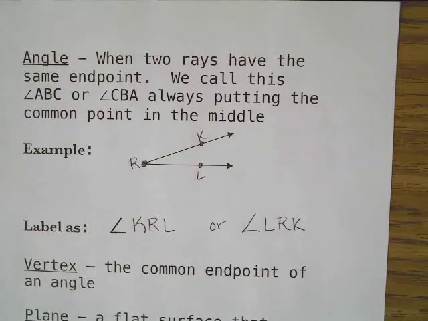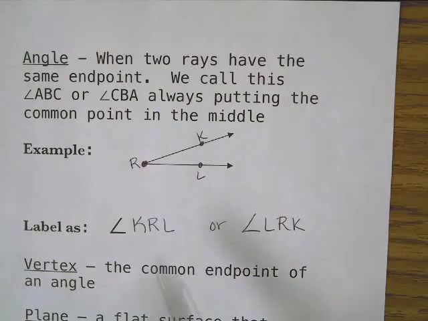An angle is simply two rays that share an endpoint. They have the same endpoint, and they go out in different directions. We call it angle ABC or angle CBA, whichever order we want, as long as the common point, the endpoint, is in the middle of those two letters. So here's your example.